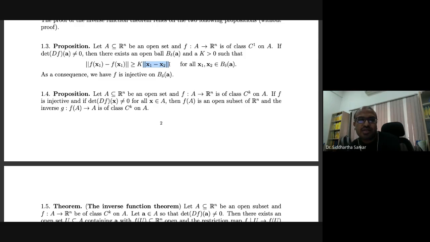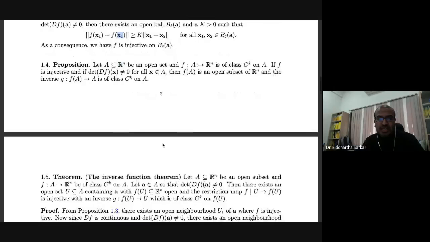You need this one because it forces the inequality. If you put less than or equal, you won't be able to guarantee this part is equal to 0. Suppose I start with the norm of fx1 minus fx2 being 0, then you won't be able to guarantee that the norm of x1 minus x2 is 0. So the inequality is correct. There is just a typo, this should be x2 over here. Is that fine? Okay.